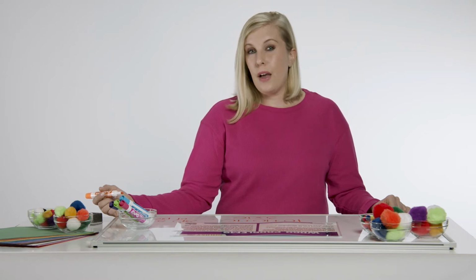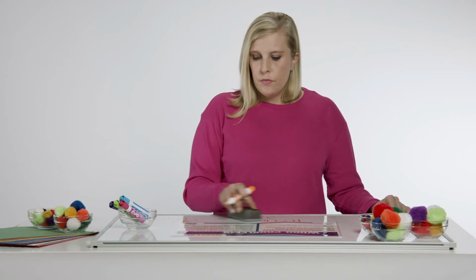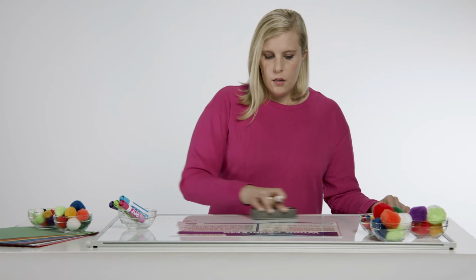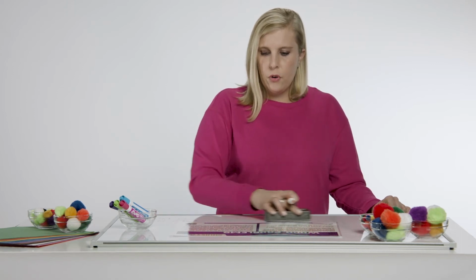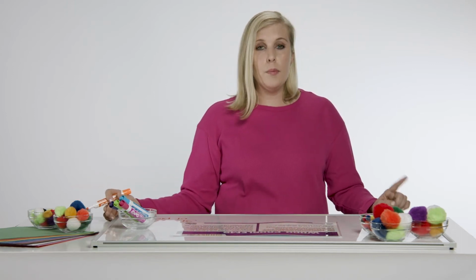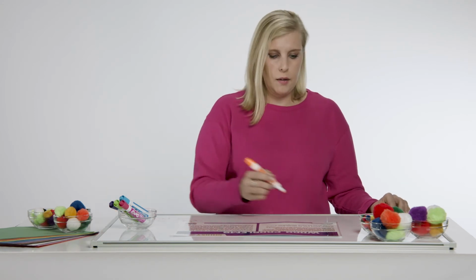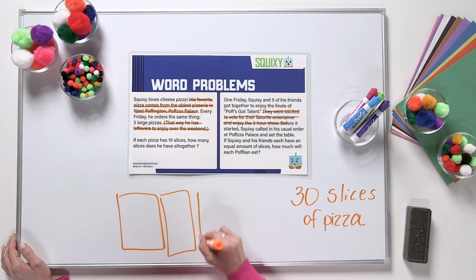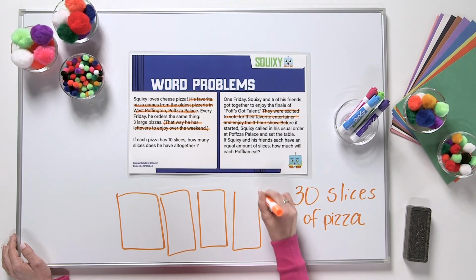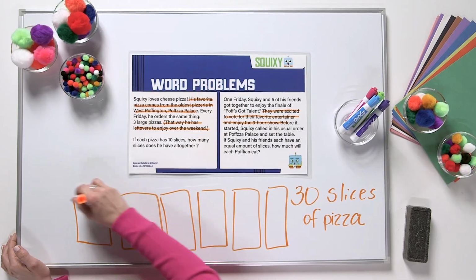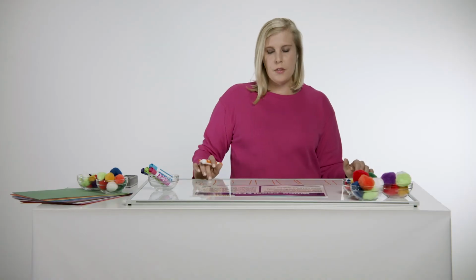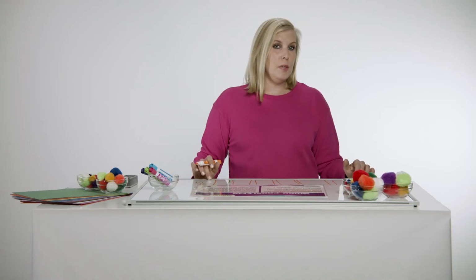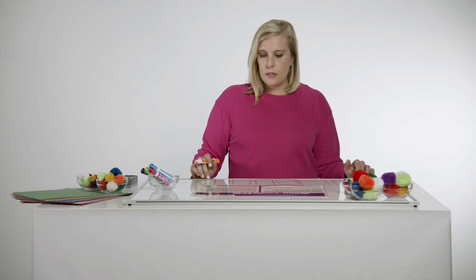I'm gonna have to divide this time. Squixy and 5 friends. So that means there are going to be 6 Pufflians eating. Okay, here are the 6 Pufflians that will enjoy some pizza. There are 30 slices.